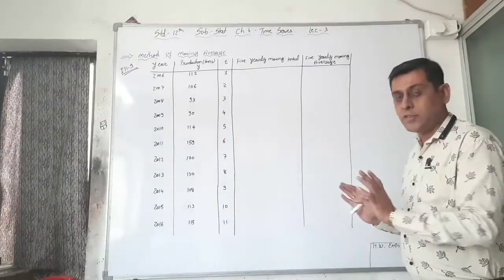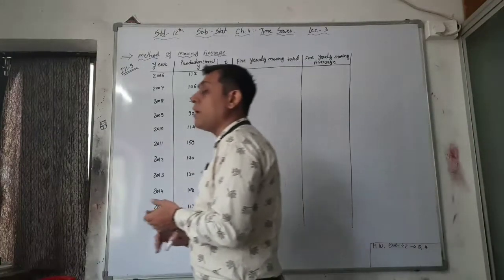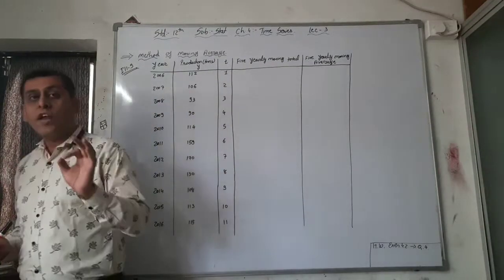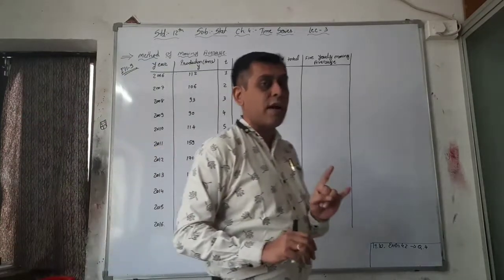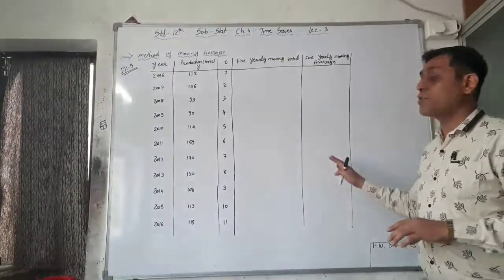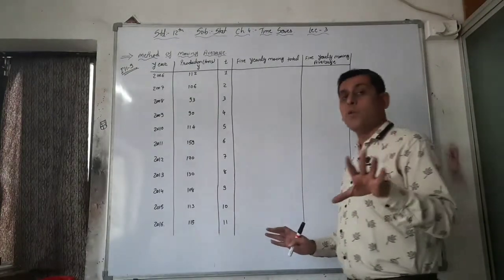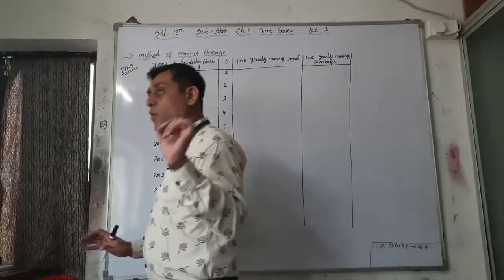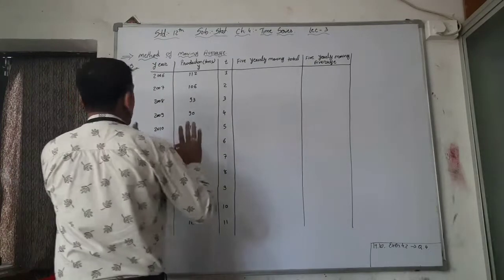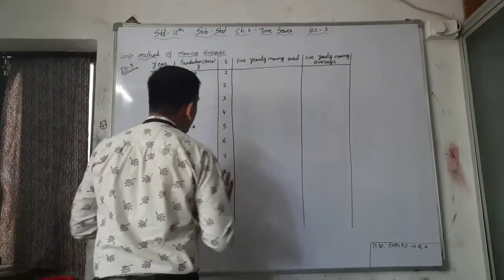It is not compulsory, but when we are doing 4-year moving average, we have to leave one line between these for the calculation purpose. But in 3-year and 5-year moving average, leaving one line is better from the presentation point of view, right?